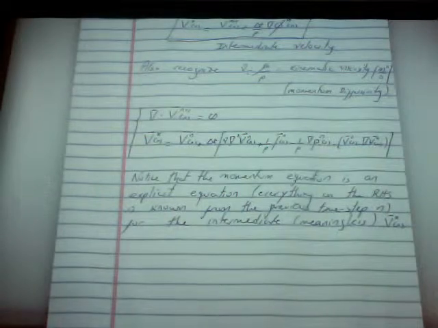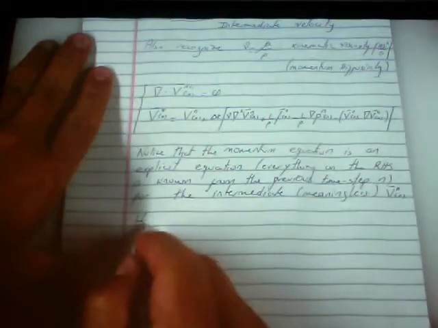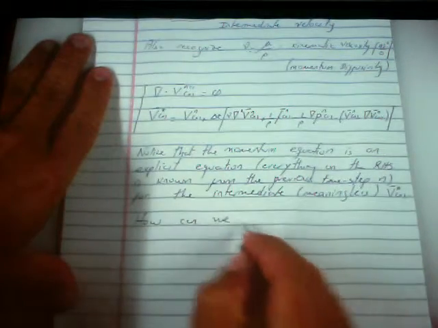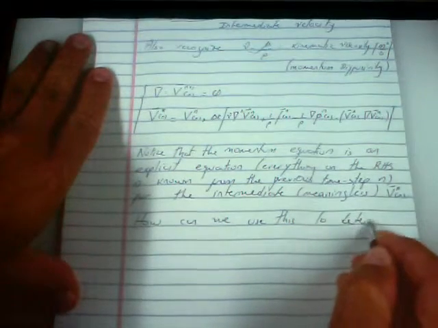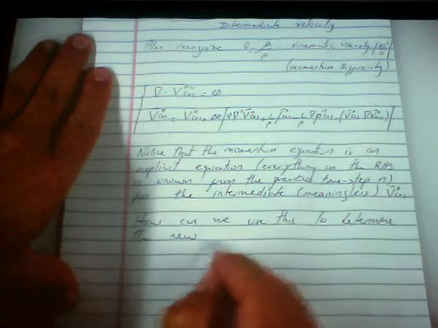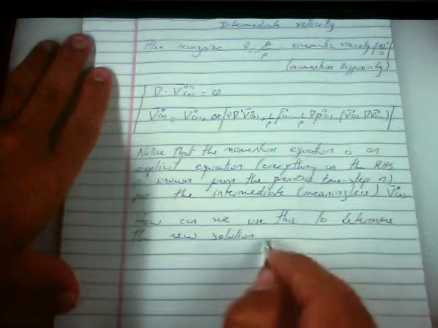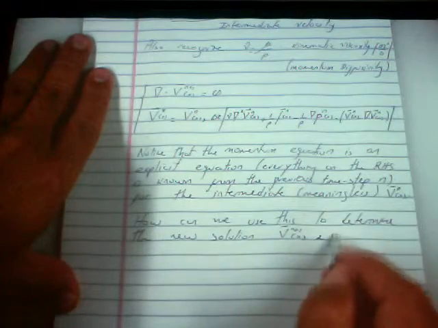Now, here's a trick. How can we use this to determine the new solution, V at n+1 and P at n+1?